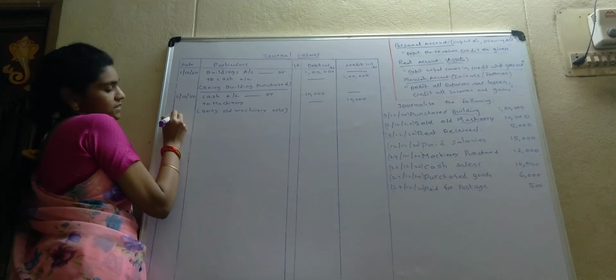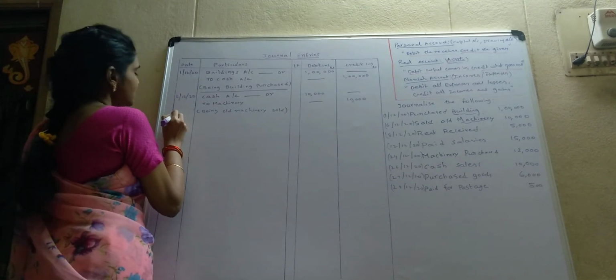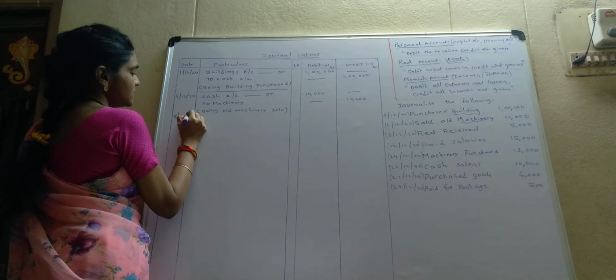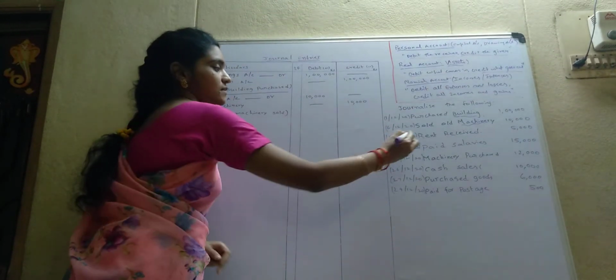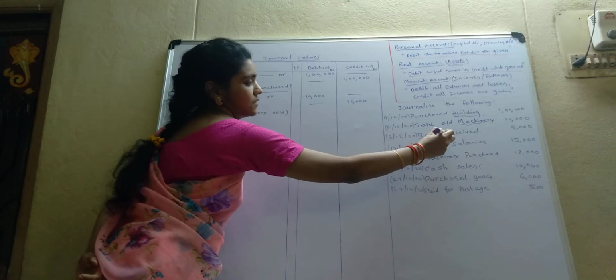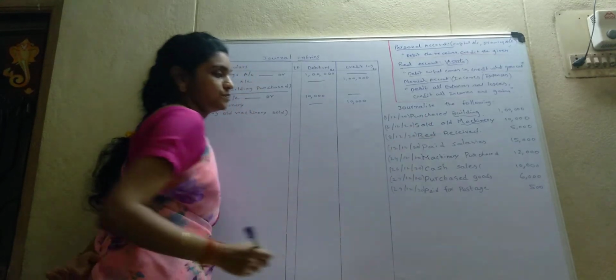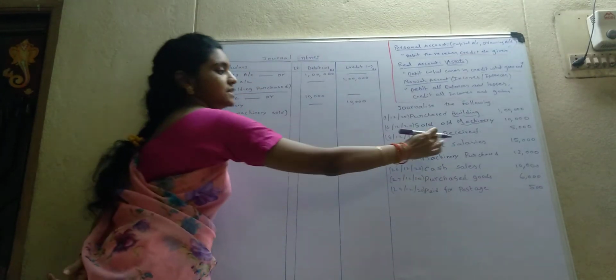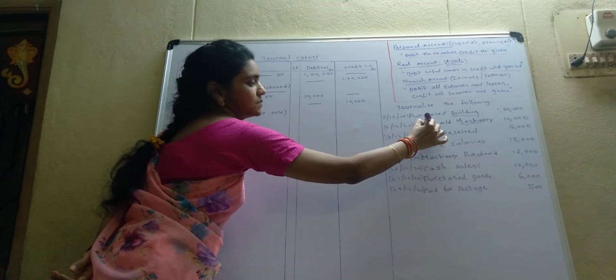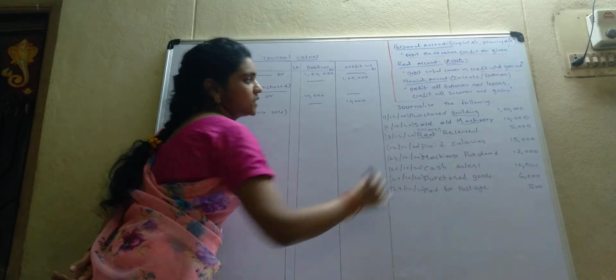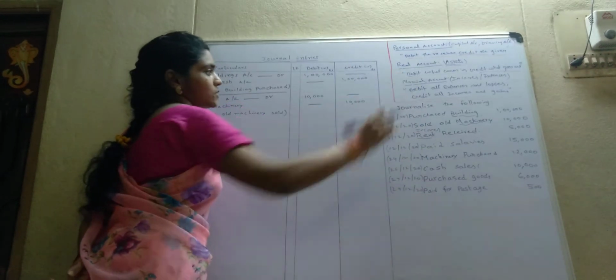Okay, coming to the next. That is on 8/12/20. What is the transaction? Rent received. Received means income. Income and expenses come under which account? Nominal account.